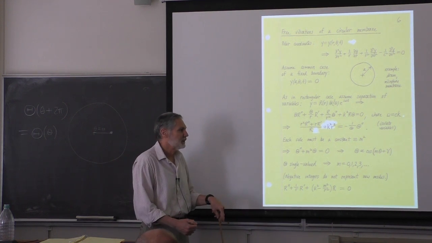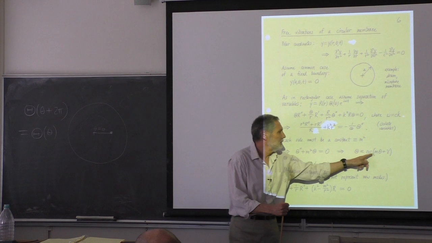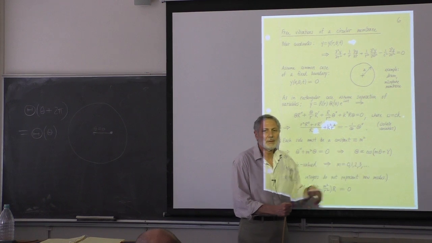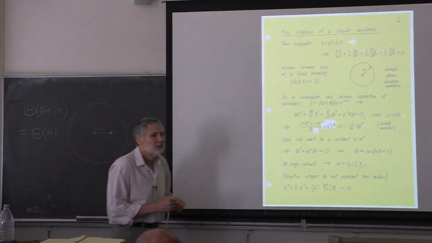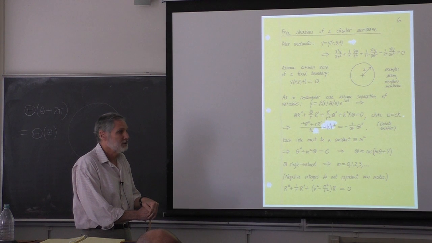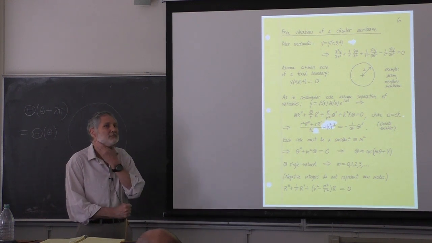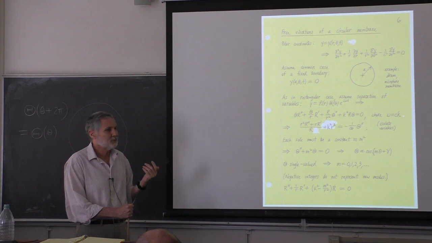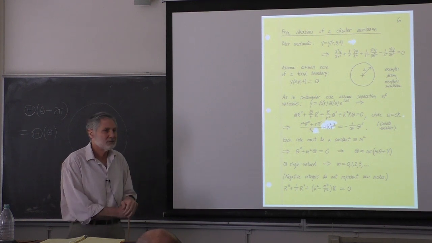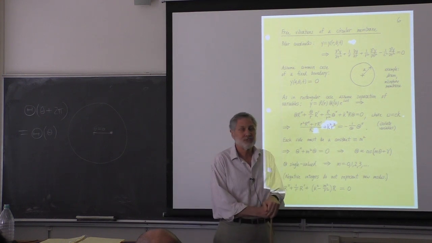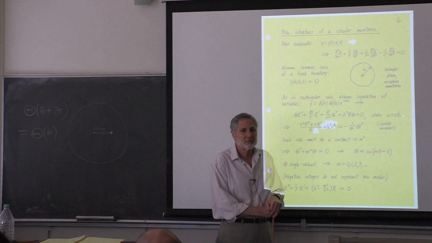What's the cosine of 2 pi divided by 2? It's -1, right? Because it's the cosine of pi, and the cosine of pi is -1. So it can't be 1/2. That's ruled out. And in fact, if you think about it, any fraction, the only thing that we can have here are integers. 0 is permissible, of course, right?